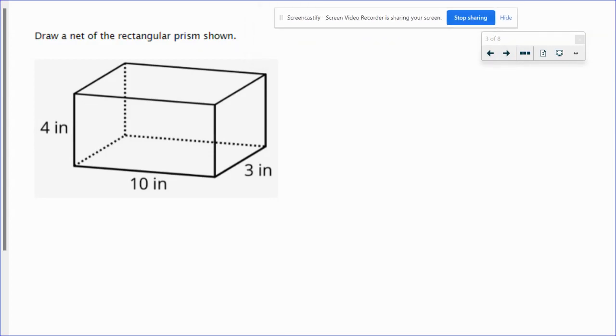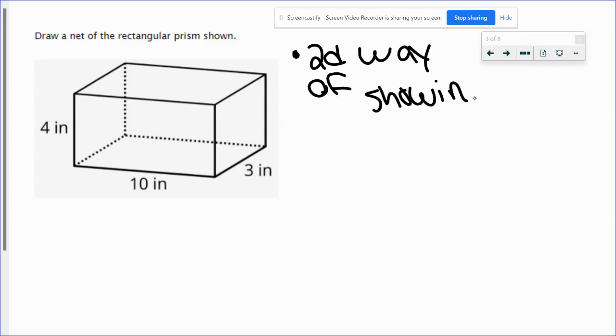All right, draw a net of the rectangular prism. So again, a net is a 2D way of showing a 3D shape. So we are going to lay everything out flat. We always start on the bottom.